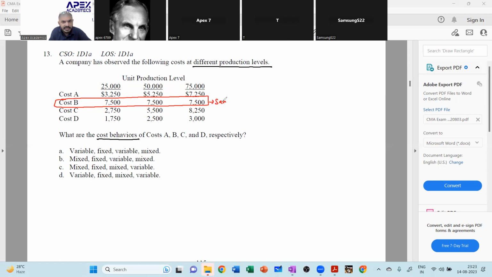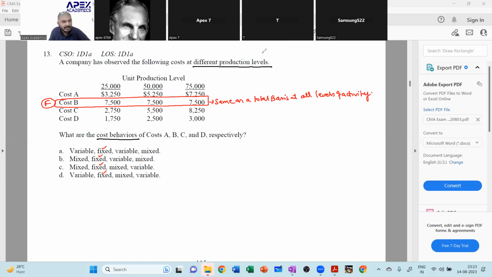Because it is the same on a total basis at all levels of activity. So cost B is obviously a fixed cost. You will notice everywhere they are getting it correct that it's a fixed cost. So by this, all the answers are correct.